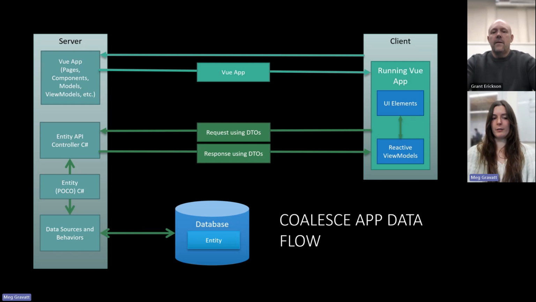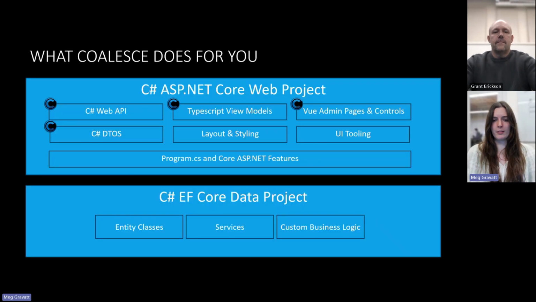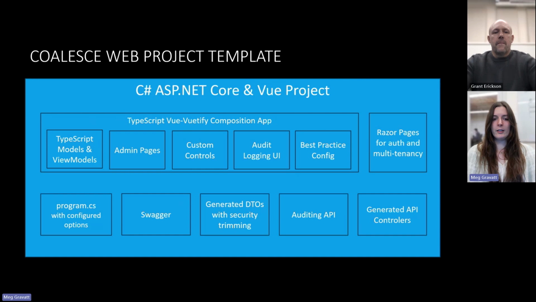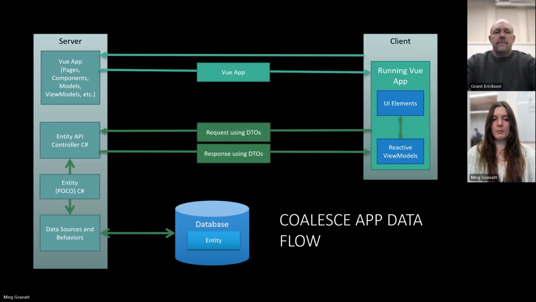And just to clarify here, we have server and client, and maybe for newer devs that are watching this, those entity API controllers with C#, you noticed specifically on this slide here, those are located in your web project, but not on your client, if that makes sense. So they're in your web project, they're C# files, they're on your server, but they're not in your data project. So that's your generated file.